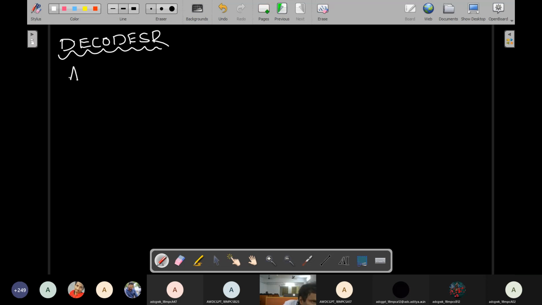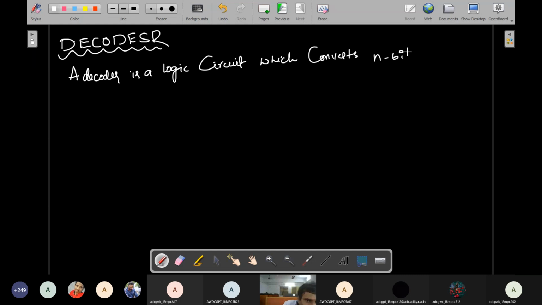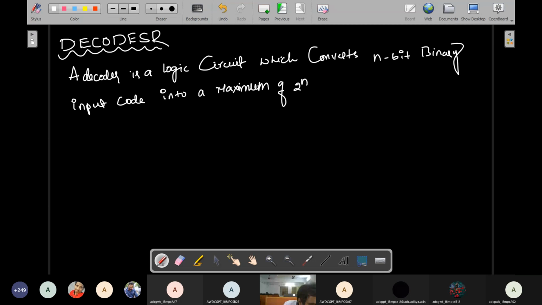See, I'll write here. A decoder is a logic circuit which converts n-bit binary input code into a maximum of 2 power n output lines.